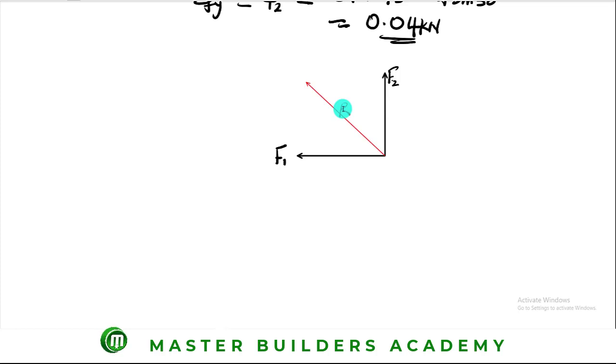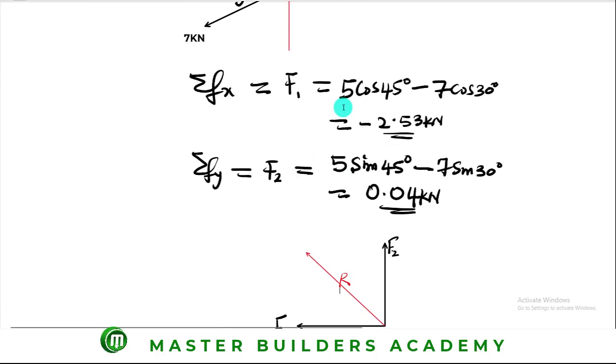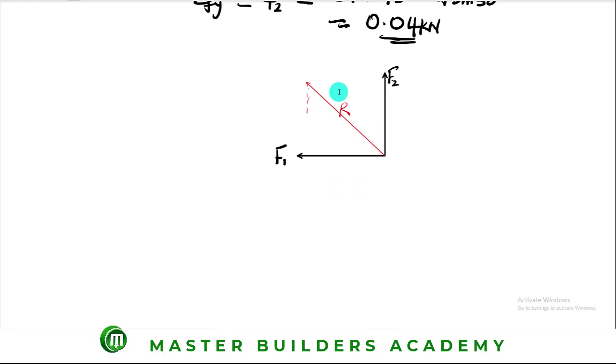Having gotten to this level, all you need to do now is to get your resultant force. So you can get this out, and then you have an angle here, angle theta, right? Or let's take for instance this angle alpha. All right, so this is the angle of inclination of the resultant force to the horizontal axis. Now this is what we have, guys.